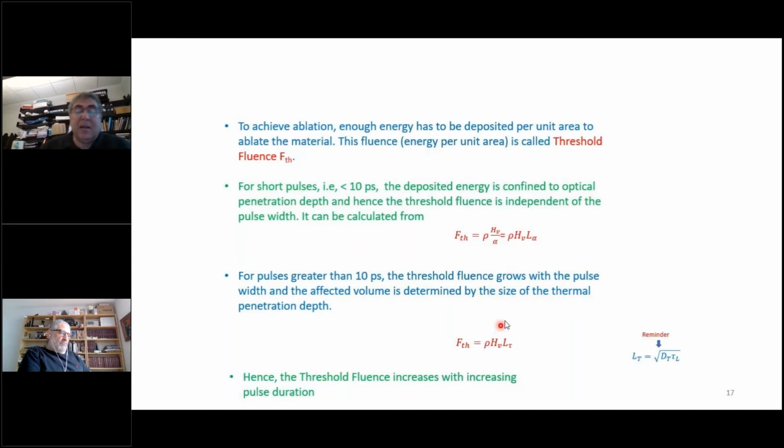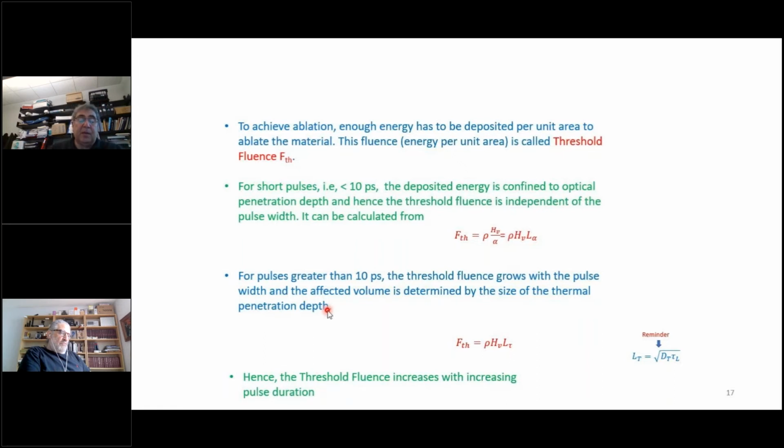But when the pulse duration is greater than 10 picoseconds, L alpha is replaced by L tau, the thermal penetration depth, which also has a dependence on the pulse width. So the larger the pulse width, the larger the penetration depth, and the threshold fluence will also increase.